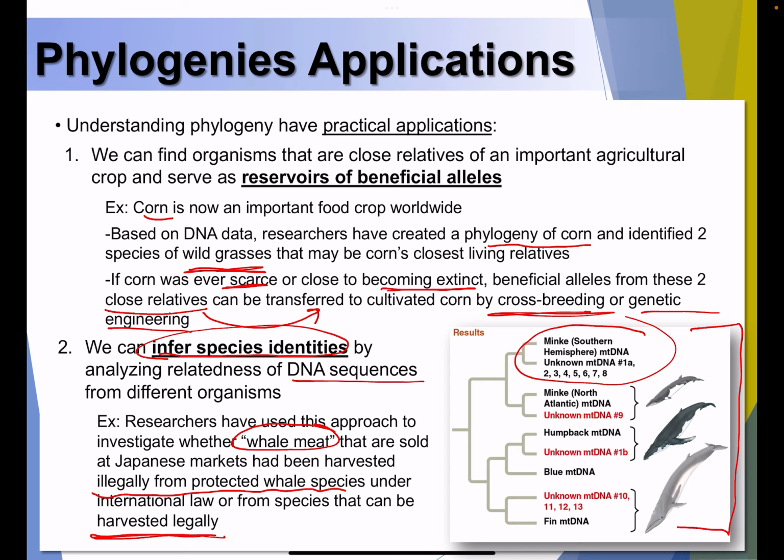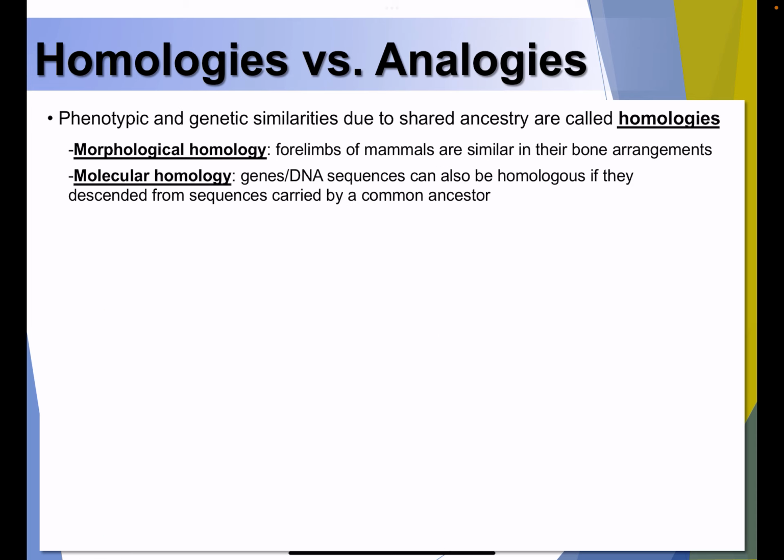Okay? All right. So we have discussed before that phenotypic and genetic similarities due to shared ancestry are called homologies. Morphological homology means we're talking about structures that look similar to each other.